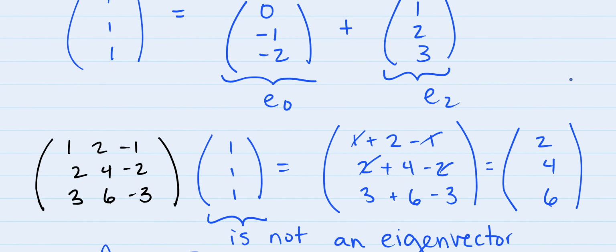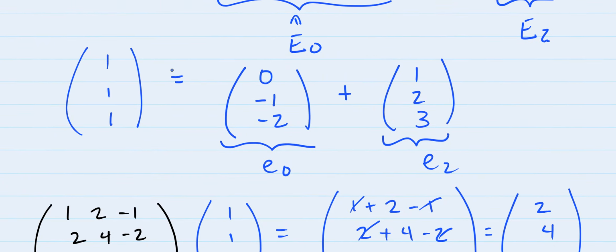So what we've done is we've taken a vector that is not an eigenvector, but we wrote it as a sum of 2 eigenvectors, and we can see that if we apply A to it, we just get the eigenvalue 0 times this eigenvector plus the eigenvalue 2 times this eigenvector, which is really neat.